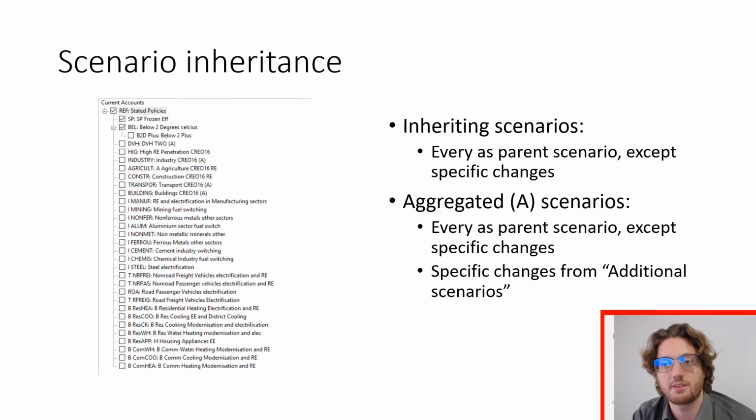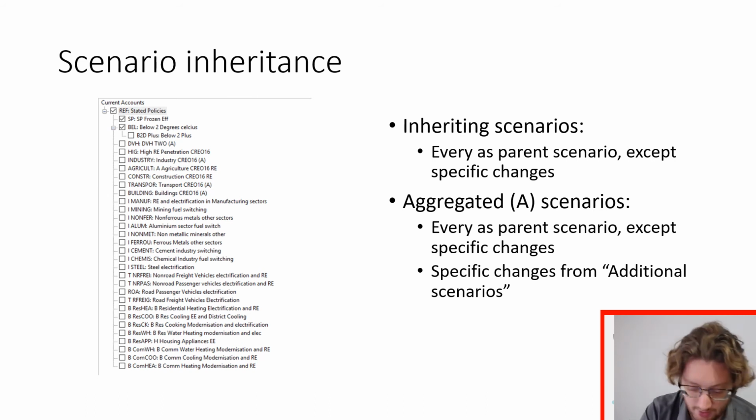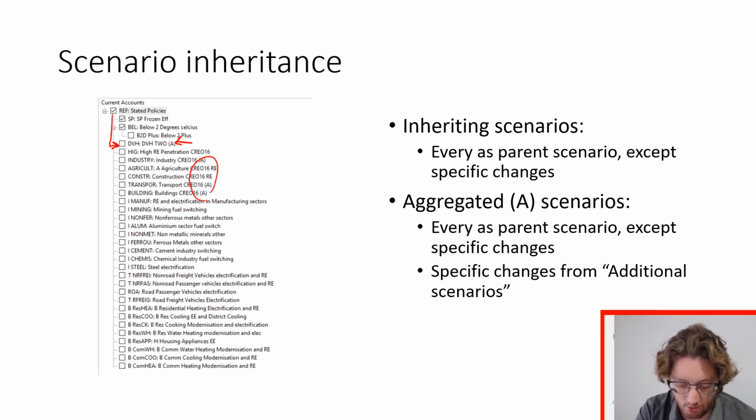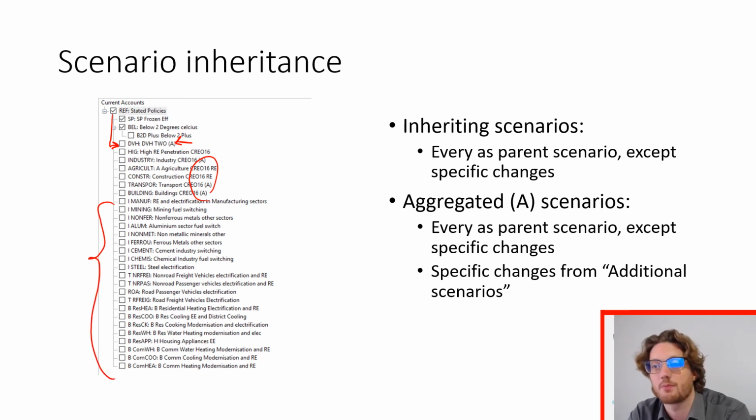So if you have a scenario like the DVH2, which we see right here, then everything by the basis is the same as the reference scenario that it inherits from, which is the parent scenario to this, and also all the specific scenarios that are coming from below, and again, which is comprising of quite a lot of different scenarios.